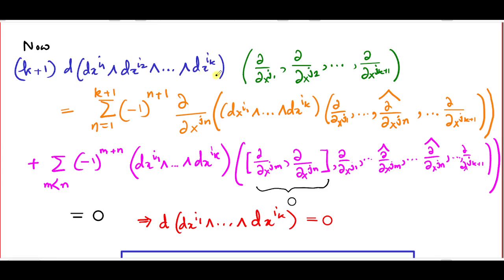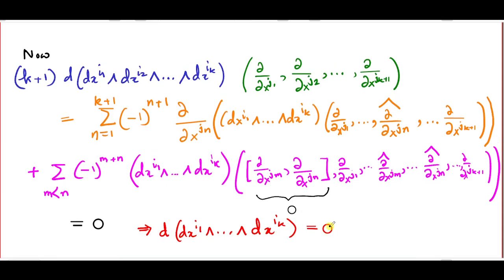Since this gives you 0, acting upon any arbitrary bunch of coordinate differential vector fields, and any vector field can be written down in terms of these coordinate differential vector fields times functions, it follows that this exterior derivative of dxi1 through dxik is actually 0.